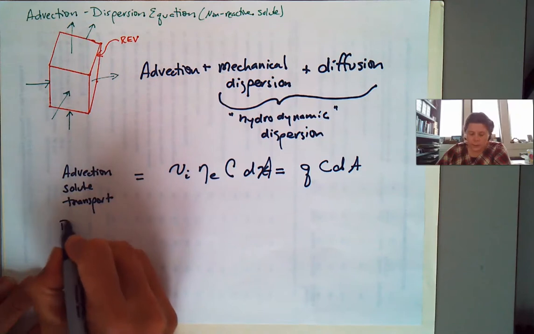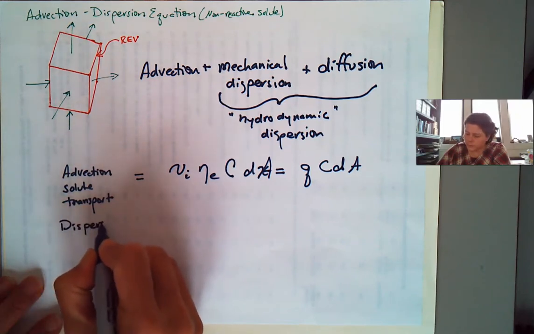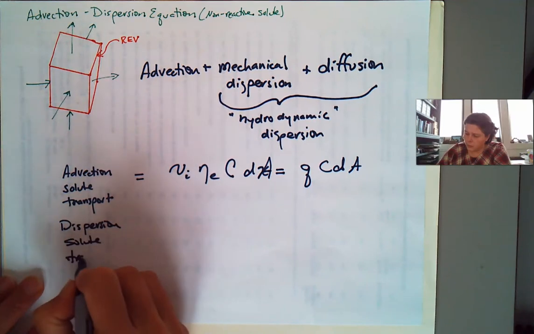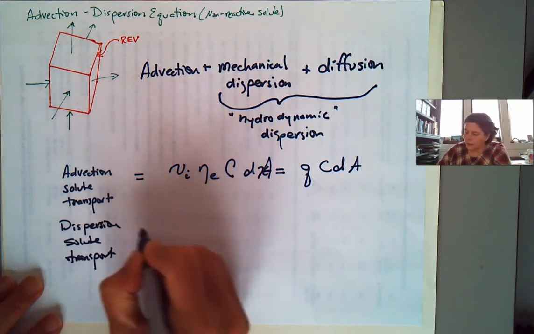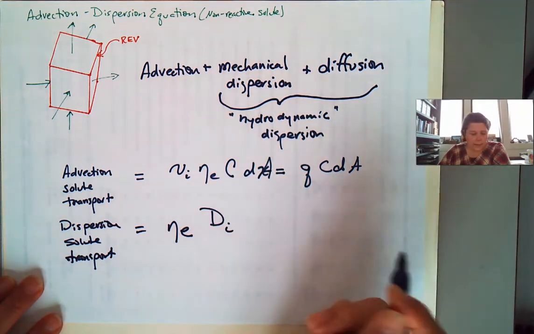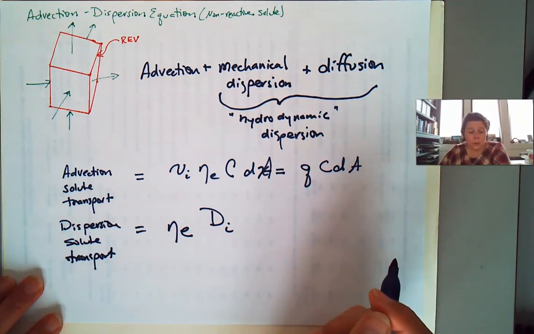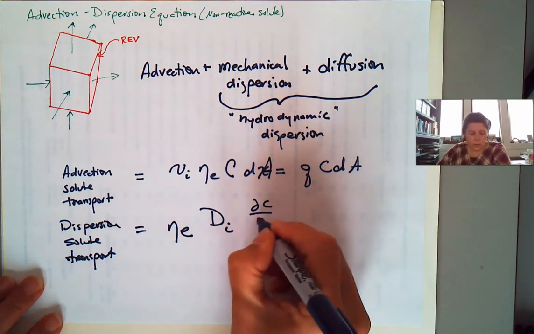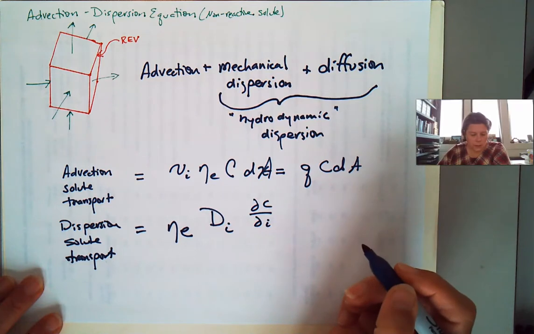Now, if we did dispersion of a solute, transport equals the effective porosity, times the coefficient of hydrodynamic dispersion, times the change in the concentration over the change in the area.